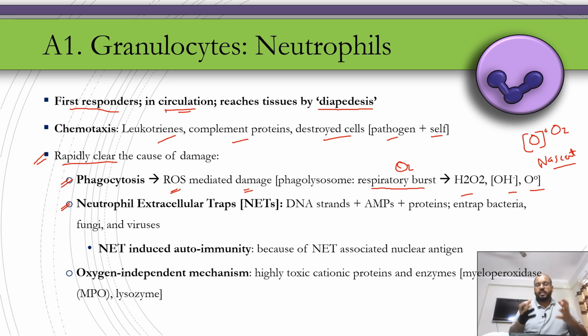The second is neutrophil extracellular traps. So what happens is when a cell is destroyed by infection or inflammation, the DNA molecule will get released in the system. So DNA strands along with antimicrobial peptides and proteins come together and form a structure. And this is a highly disorganized structure. It is just a mixture of all those proteins. And they entrap bacteria, fungus, and viruses.